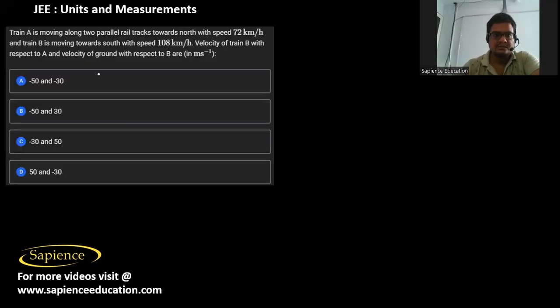So here it is told that train A is moving along two parallel railway tracks towards north with speed 72 km per hour, and train B is moving towards south with speed 108 km per hour. Velocity of train B with respect to A and velocity of ground with respect to B are?